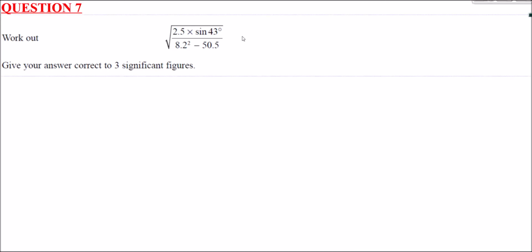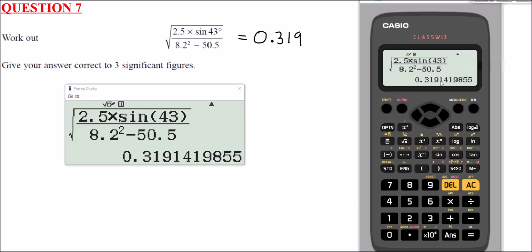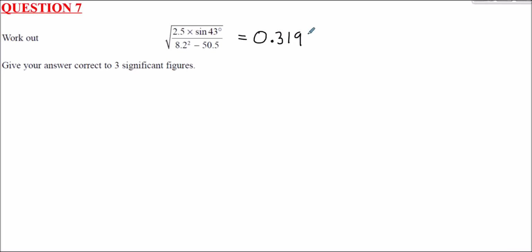So obviously the answer goes on more than that, so let's just think about this. So it's 0.319 1 9. The number does go on a bit more, so it goes on 1, 4, 1, 9, 8, 5, 5.